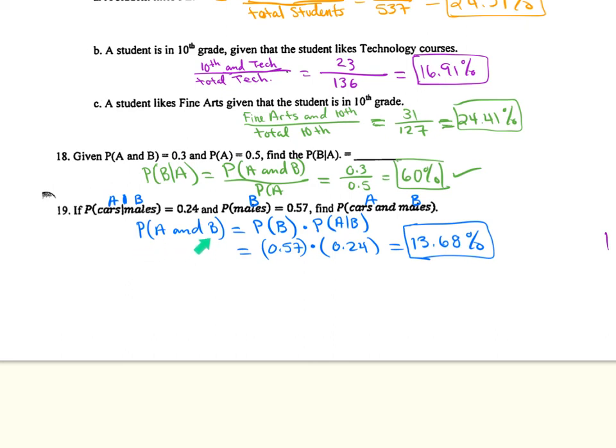Probability A and B is equal to probability B times the probability of A given B. And we know that the probability of B was given. Probability B is males, probability males, which is the 0.57. And then probability A given B is right here, probability cars given males. That was 0.24. So we'll multiply 0.57 times 0.24, and that results in 13.68%.